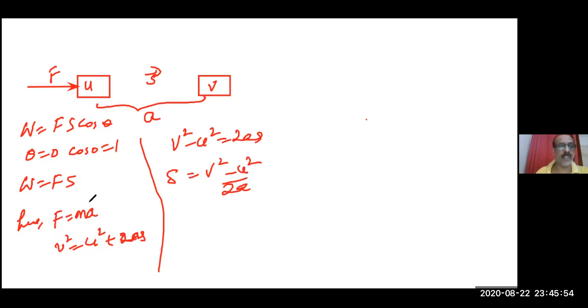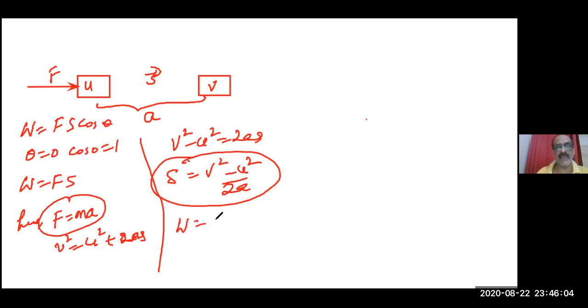Then substitute the values of F and S in the first equation. W is equal to F, which is ma, times S, which is V squared minus U squared by 2a. Now we can write.